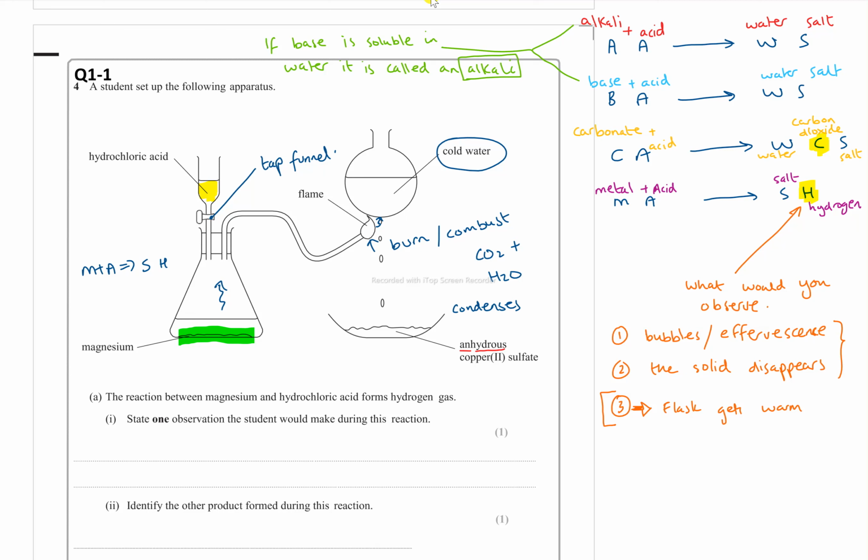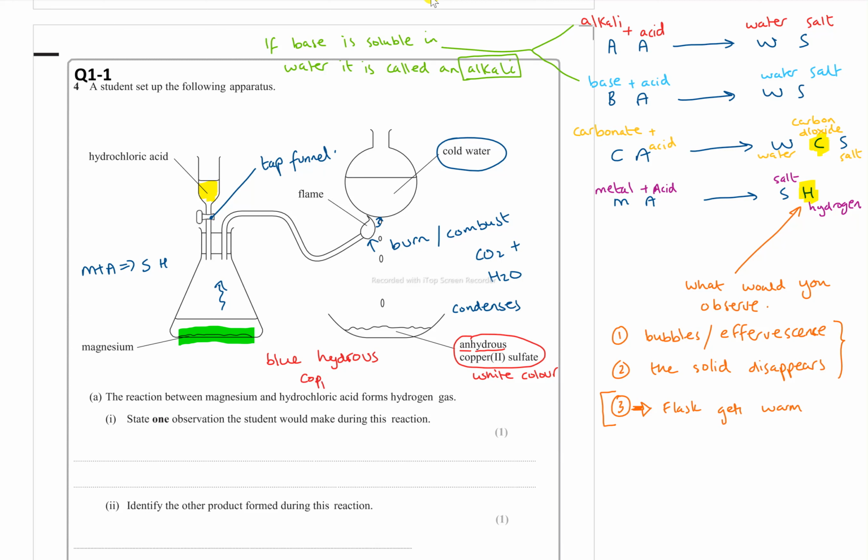Anhydrous, no water, copper 2 sulfate. So this here, anhydrous copper 2 sulfate, is white in color. When you put water on it, it turns blue. So blue is hydrated, hydrous, if I can spell it, hydrous, yeah.